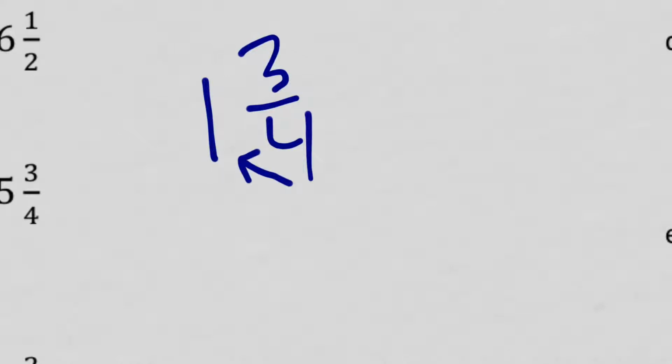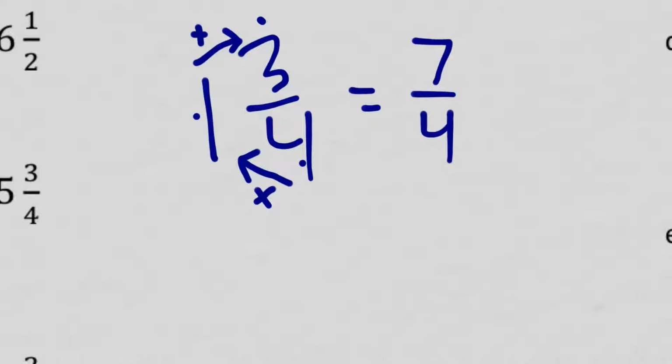What you're going to do is multiply 4 times 1 to get 4, and then you're going to go in this direction here, and you're going to add the leftover parts that are on top. So 4 times 1 is 4, add 3 is equal to 7/4.